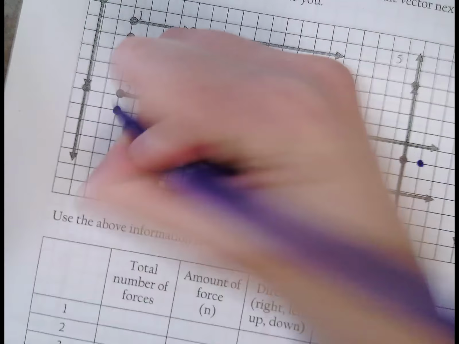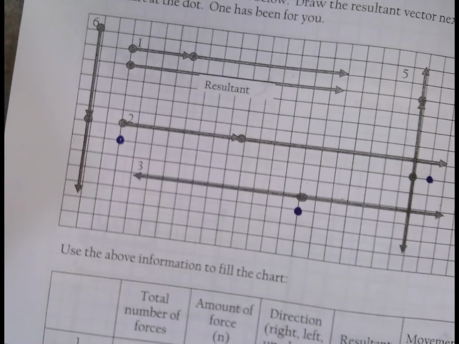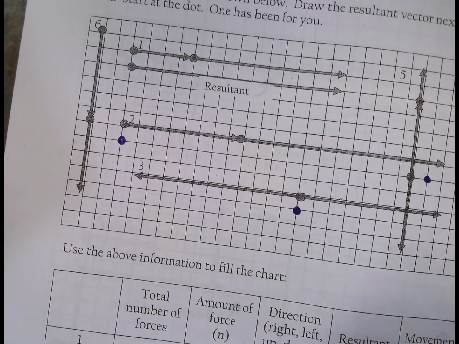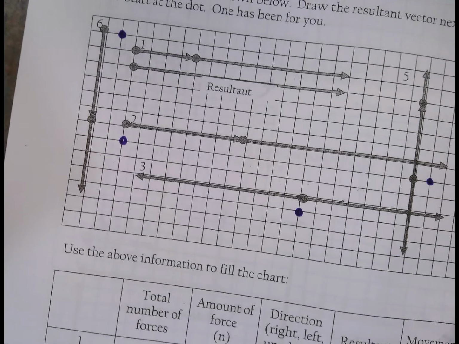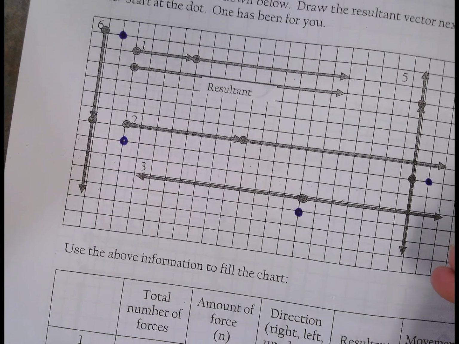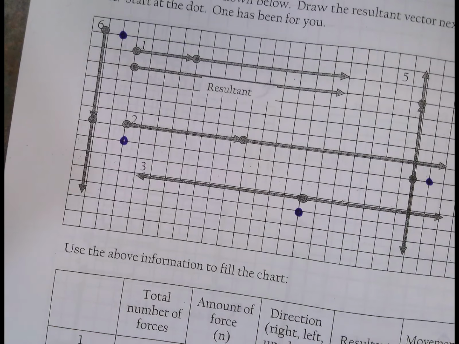There's a resultant that starts here. Here's number 6. There's going to be a resultant that starts here. Where is my number? Oh, I have that one. Where's my resultant for number 4? Oh, okay, I know why.